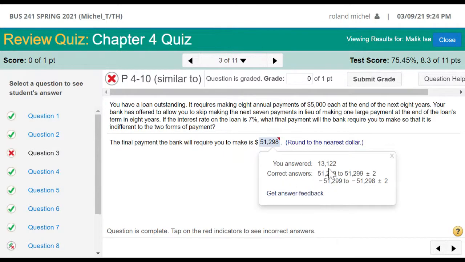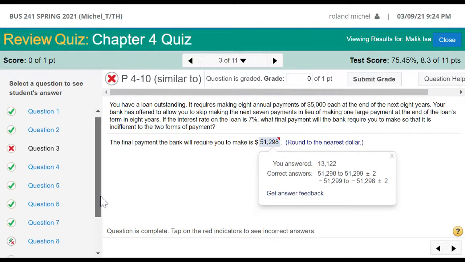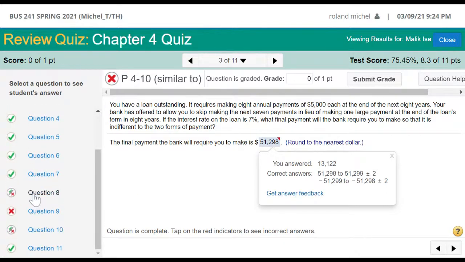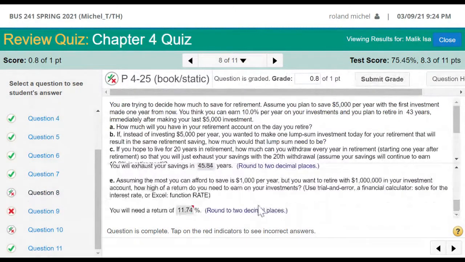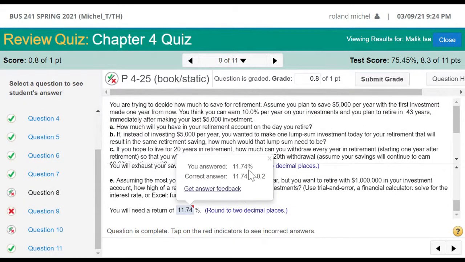You answered 13,122. Yeah, so I definitely see it now. Look at this one. You put the percentage inside the box. You and a couple of people did that. The percentage is already out here. You're not supposed to put the percentage in there.